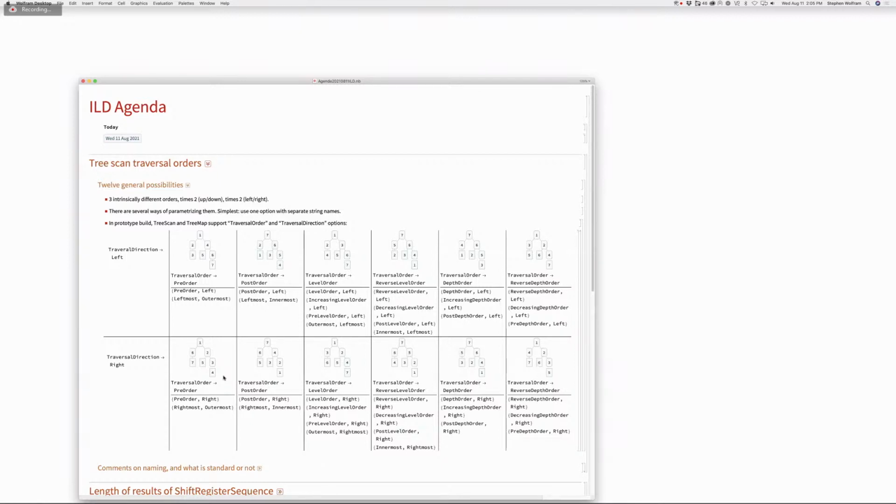Yes. So here we have tried to classify the general possibilities, and we wanted to discuss with you possible naming schemes. And then there will be other orders, like, for example, for binary trees, so cases with more structure. But we believe these are all the fundamental orders for general.